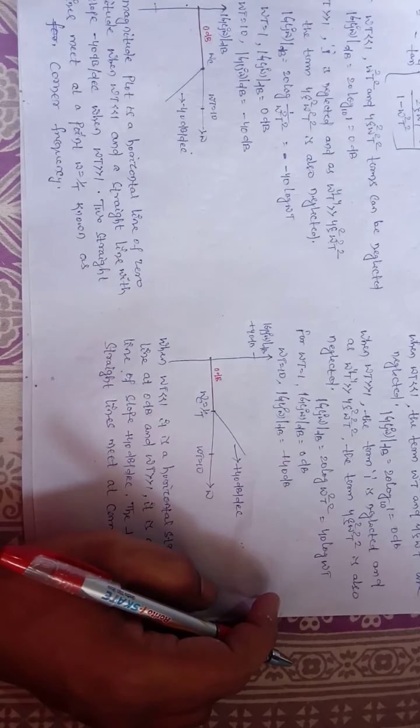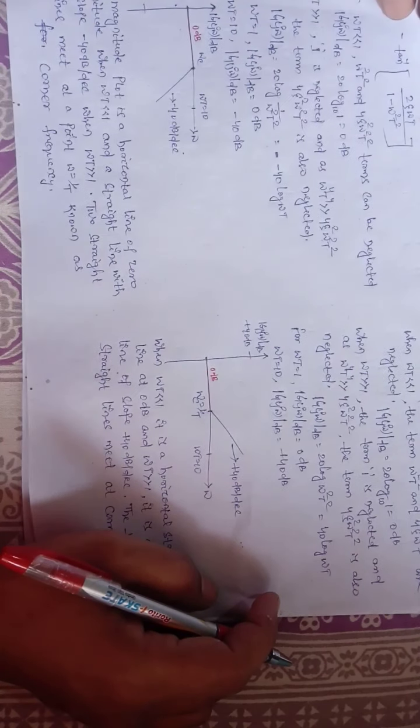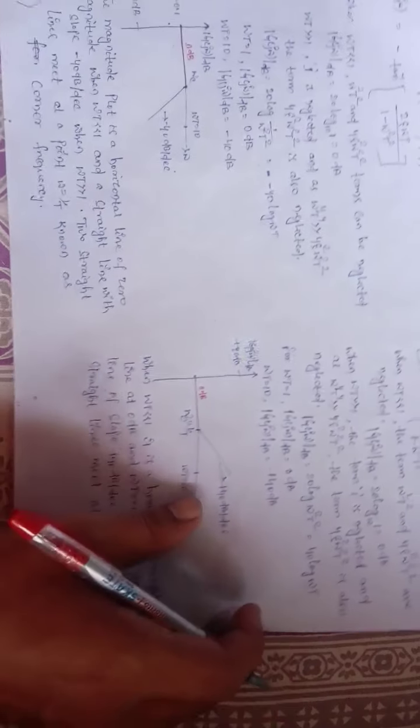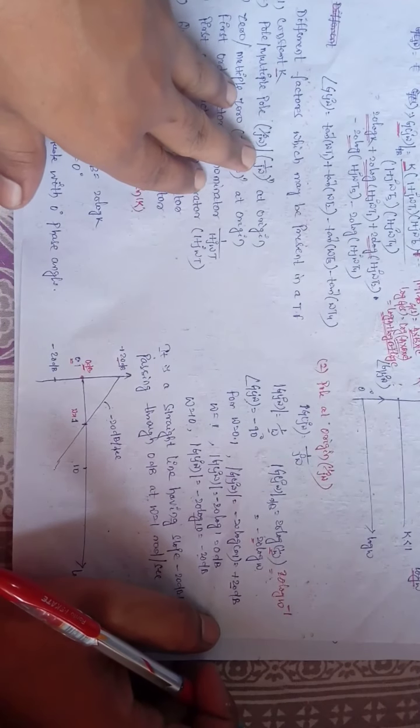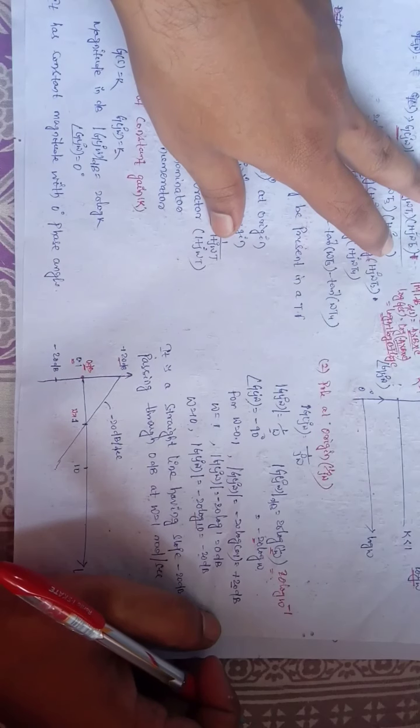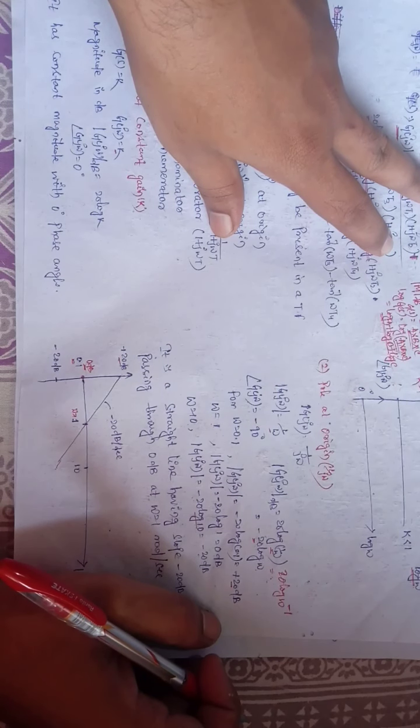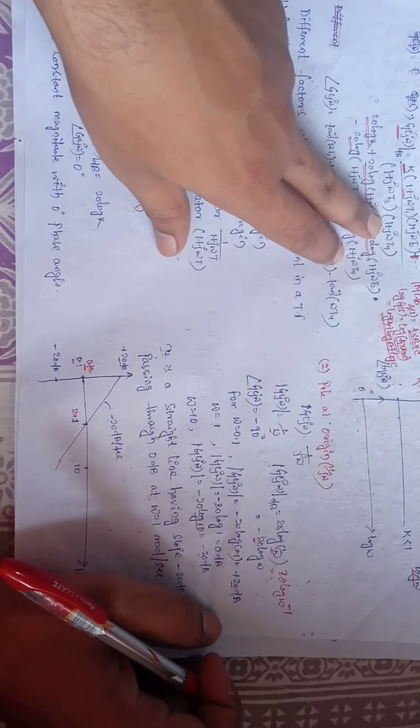So we have discussed in the last two videos the possible factors that may come in a transfer function and their Bode magnitude plots. From the starting of Bode plots, as I had already told you, in a magnitude plot we take the magnitude in dB. If we take dB, then it will be 20 log of something.